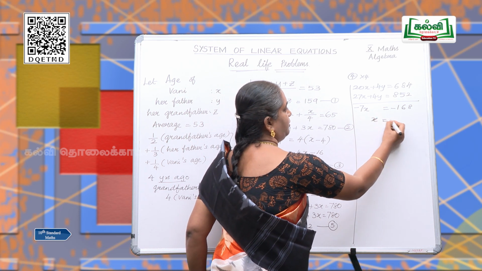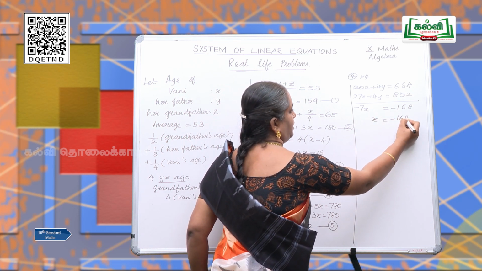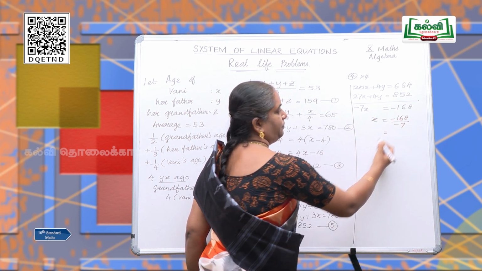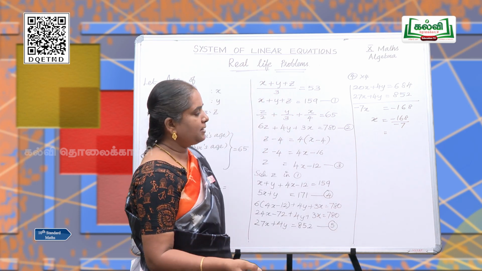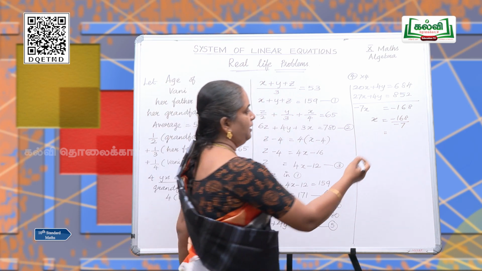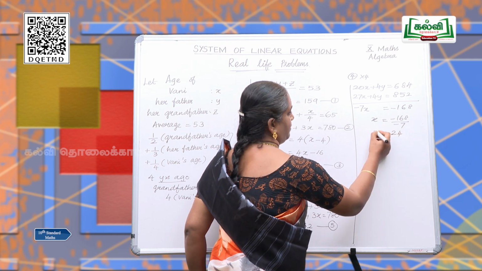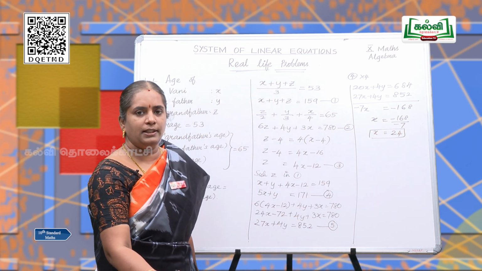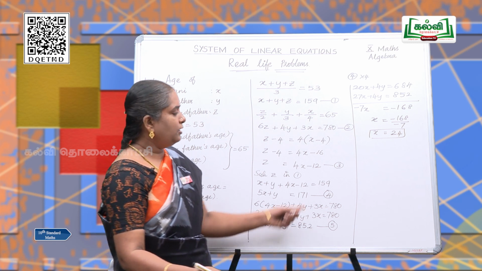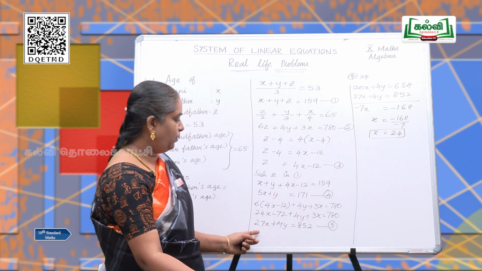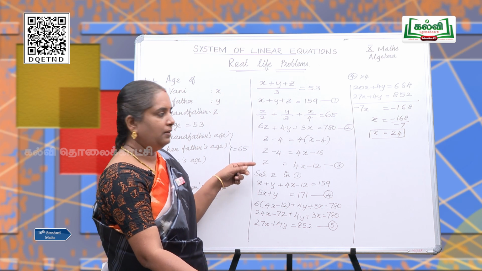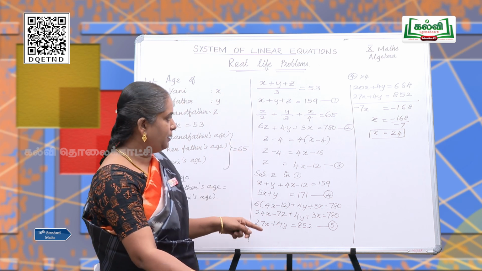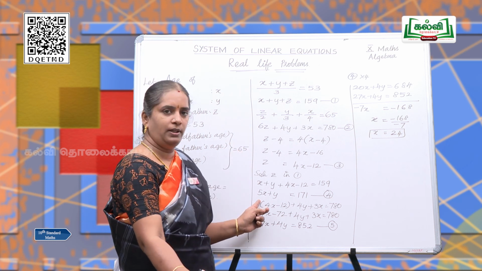So, x is equal to minus 168 divided by minus 7. The negative symbols get cancelled and 24 is our x. So, x is nothing but the age of Vani. Using x we can find y by substituting in equation number 5 or 4. 4 is easier.